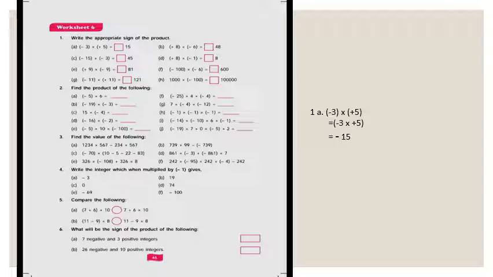Now worksheet 6. In worksheet 6, you have to answer some questions like write the appropriate sign of the product.